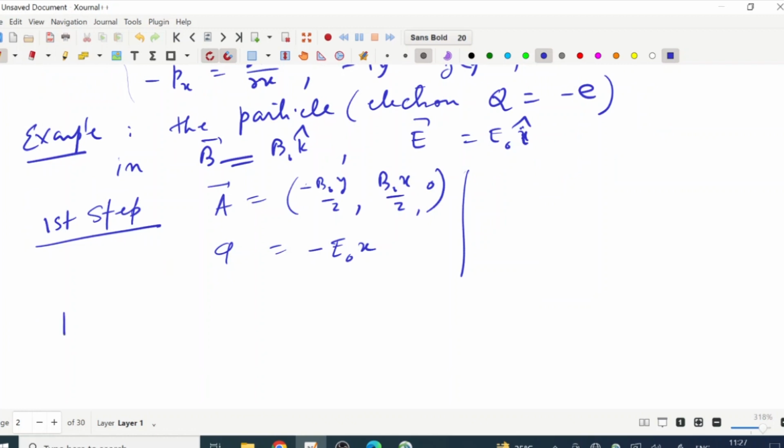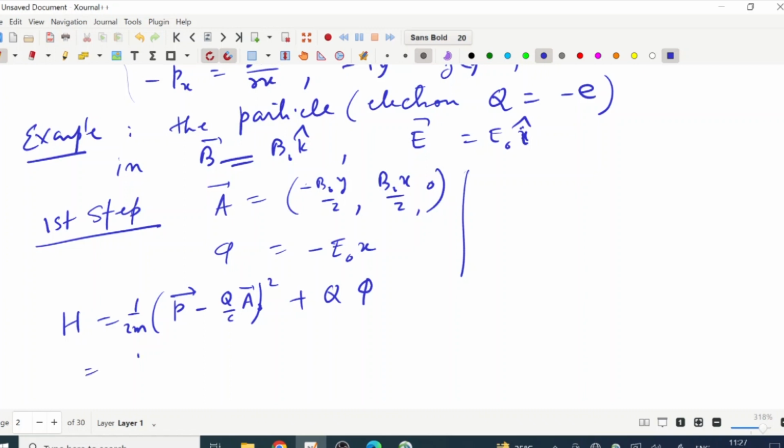Now, we can write our Hamiltonian. So, the Hamiltonian is H equal to 1 over 2m, p vector minus q by c A vector, whole square, plus q times phi.